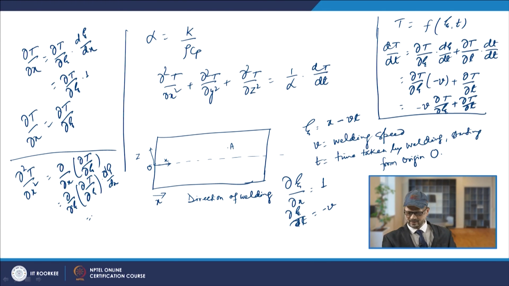So you can write it as dou square T by dou zeta square. What you see is that dou square T by dou x square is dou square T by dou zeta square, dou T by dou x is dou T by dou zeta, and dT by dt is minus v of dou T by dou zeta plus dou T by dou t.